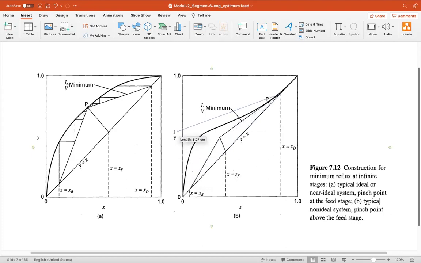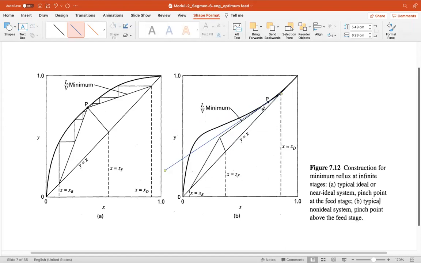Let's say this is the line that passes the curve. Can you see it? This line is passing the point P. It can't be like that, because now it's just outside the equilibrium stages, so it won't work. So what we have to do is put it there, so it should pass the point P.